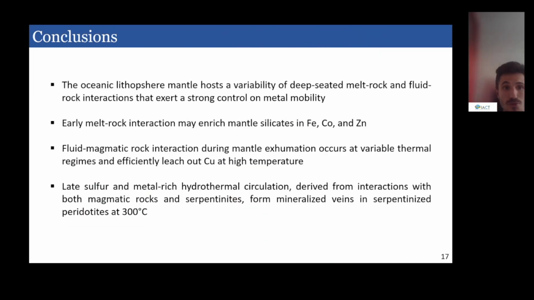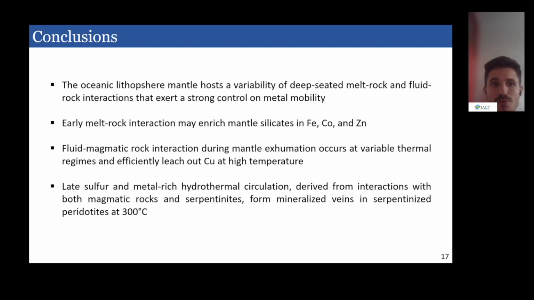And to conclude about what we have seen quickly, I hope that you are convinced that the oceanic lithospheric mantle has the viability of deep-seated melt-rock and fluid-rock interactions, and that these processes exert a strong control on metal mobility. Early melt-rock interaction can be a suitable process to enrich the surrounding mantle rocks in iron, cobalt, and zinc.